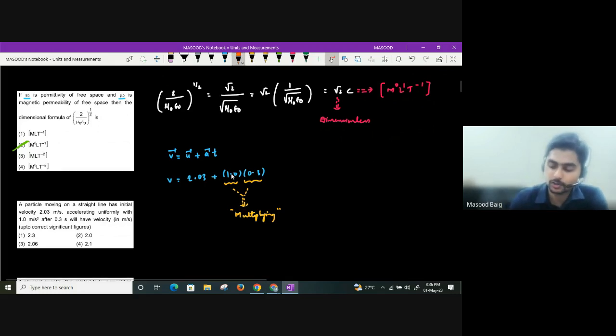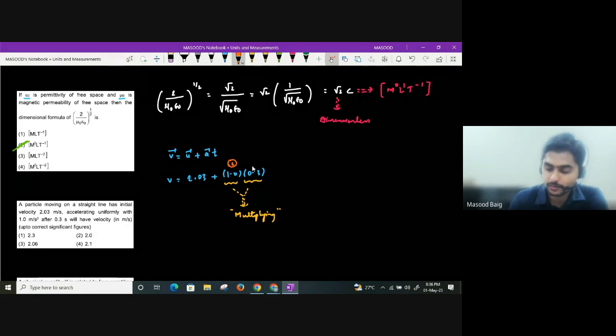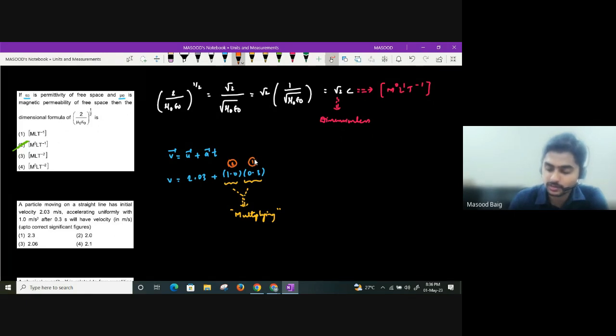So please tell me how many significant figures are there in this? You have two significant figures in this, guys. How many significant figures are there in this? You have one significant figure. So how many do you need to retain, beta? You need to retain only one. So if I multiply 1 with 0.3, I'll get how much, beta? 0.3 only. How many significant figures are there in this? You have one only. Okay.